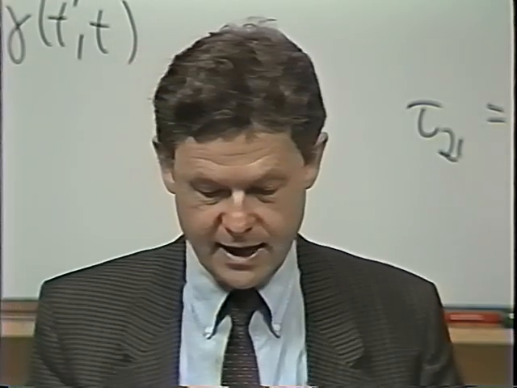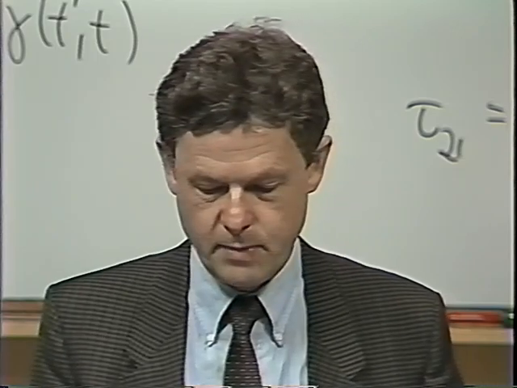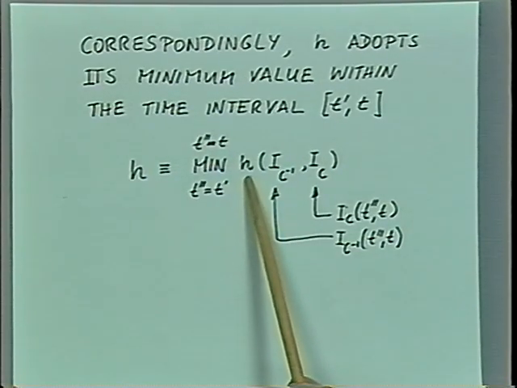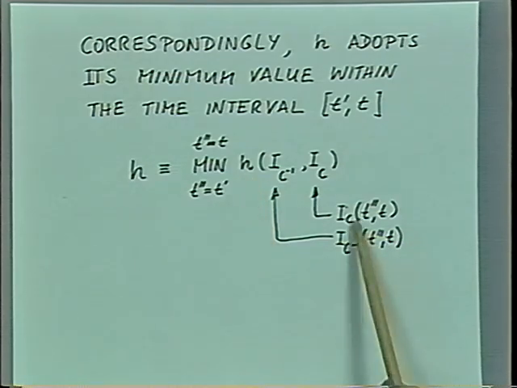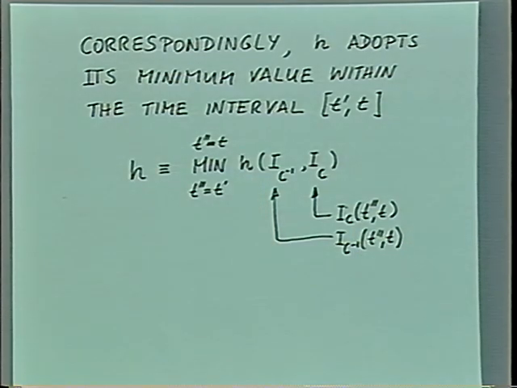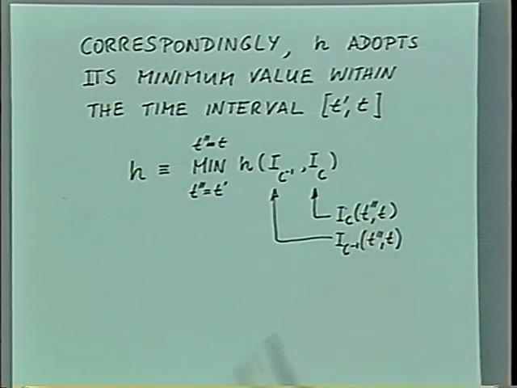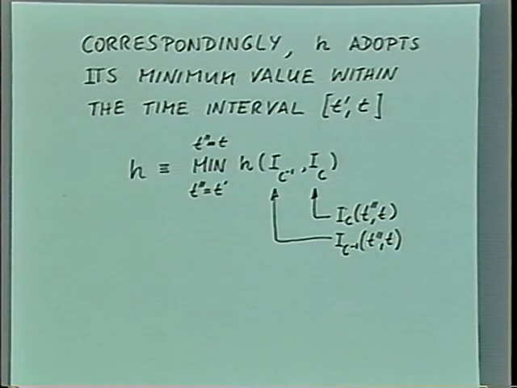Wagner formulated that by saying that H should be the minimum which we calculate by putting any strain in there between T prime and T. And any intermediate time would be determined with a T double prime in here. So that's important for calculating the stress in some complicated reversing flow mechanism.